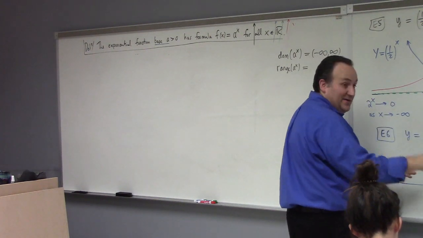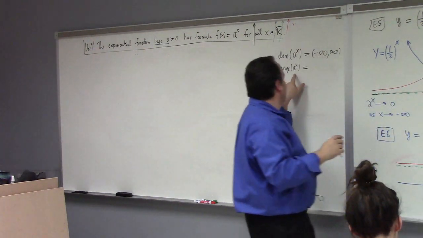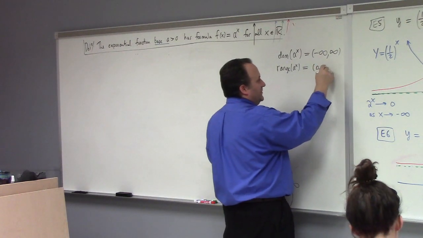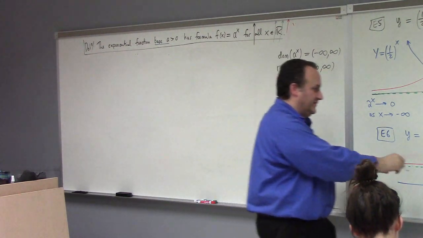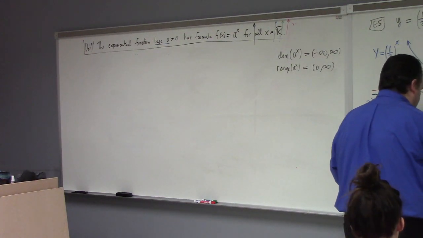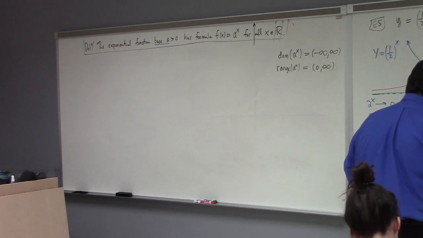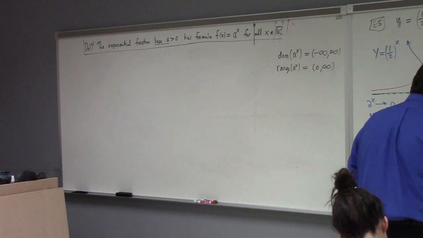Oh yeah, fair enough. Not example 6, but example 5. 0 to infinity. Down here, it's different, right? Down here, if this is equal to f of x, the range of this one is what? 3 to infinity, and the domain?